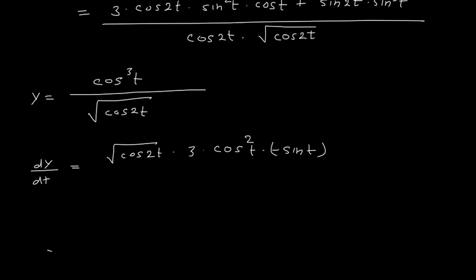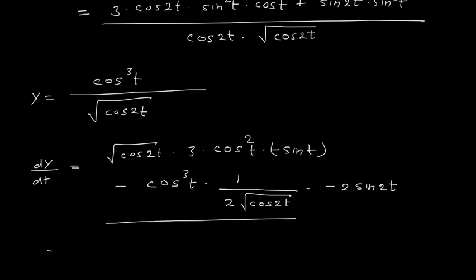So v into derivative of u minus u, that is cos cube t into the derivative of root of cos 2t, which is 1 upon 2 root of cos 2t into the derivative of cos 2t, which is minus 2 into sin 2t, and this whole divided by cos 2t.